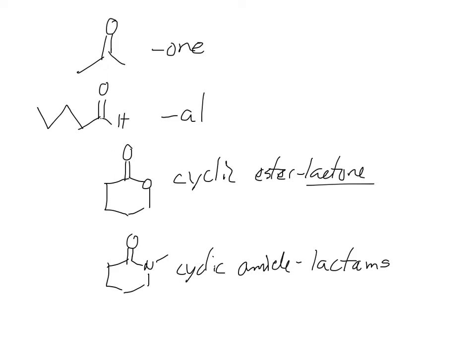So that's the big difference. Carboxylic acids are acids. Remember acid chlorides, acyl chlorides, that kind of stuff. I'm not worrying about you naming the lactone. I just want you to know what a lactone is. It would be a delta lactone.